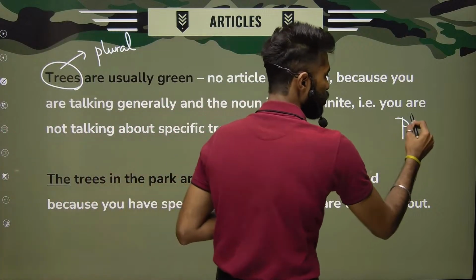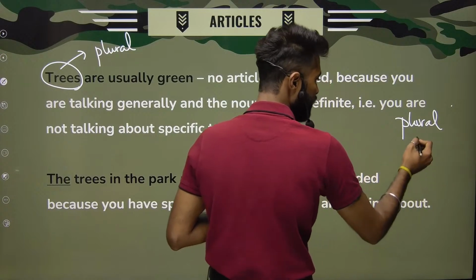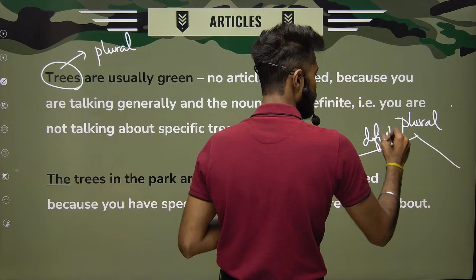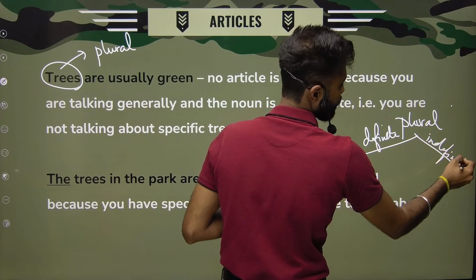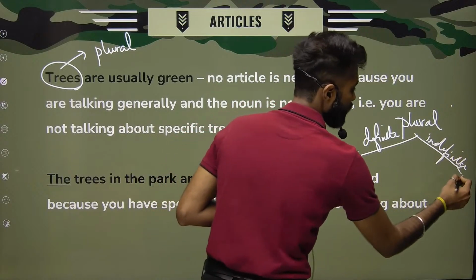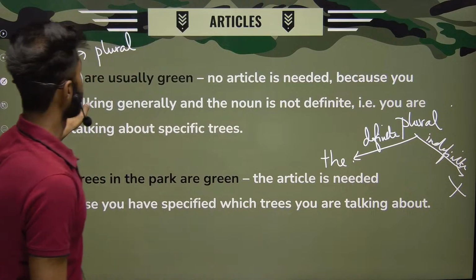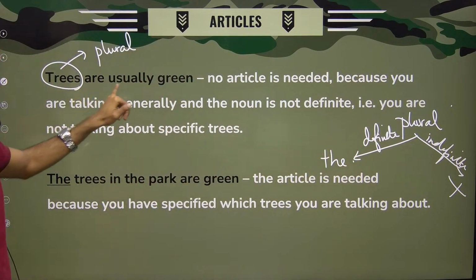If it is plural or uncountable, then two cases: definite or indefinite. If it is indefinite, no article. If it is definite, the, right? So my trees here, plural, are usually green.